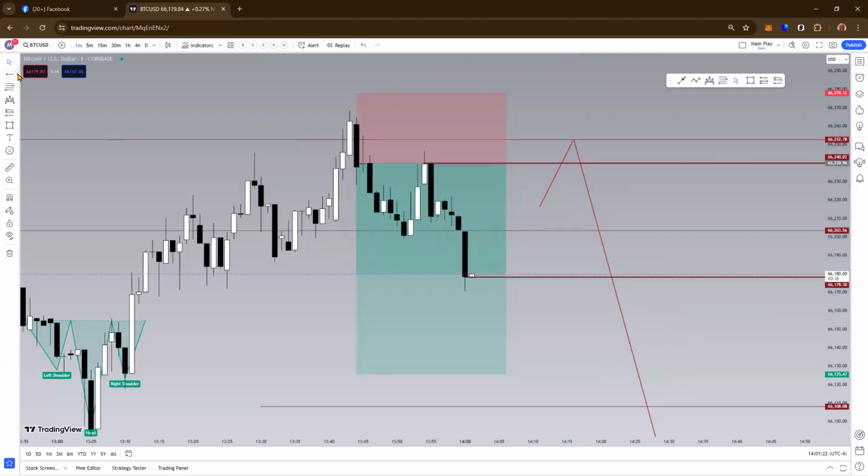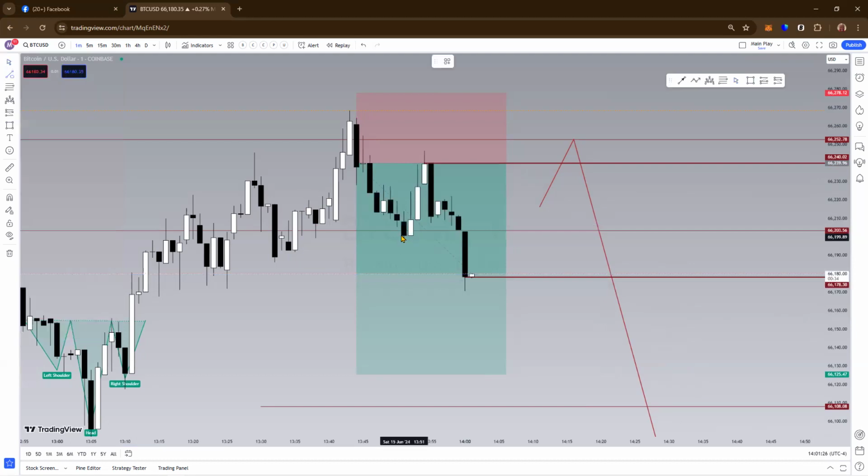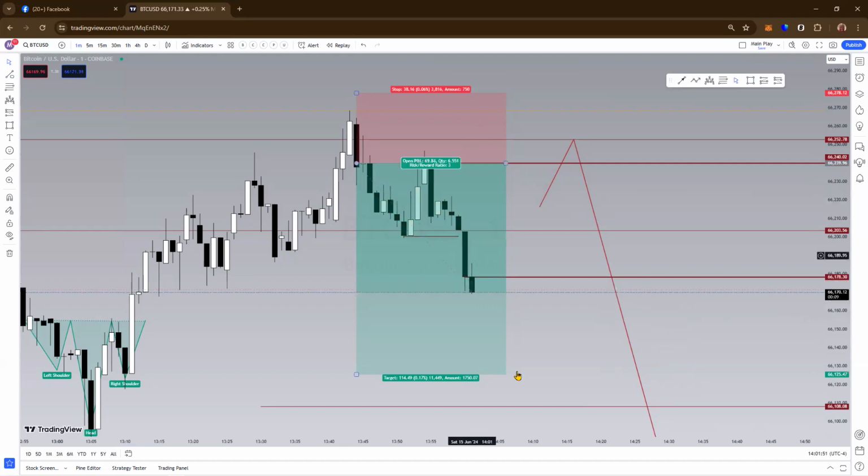So this candle right here, that's a break of structure. It broke this low, went down. Okay. So this pushed down a little bit more, but 1 to 3 setup.